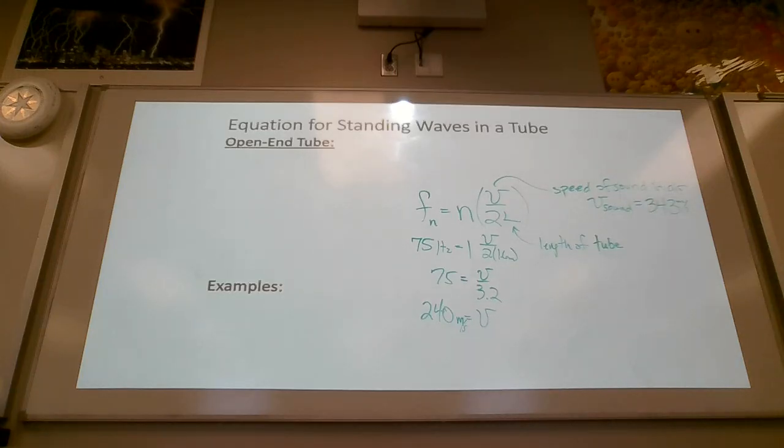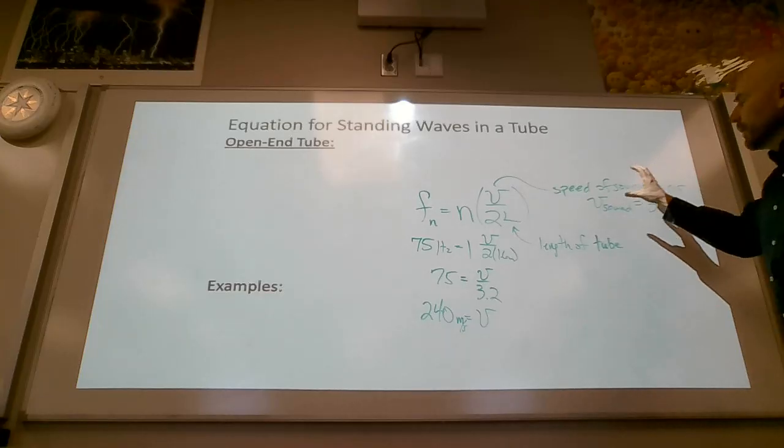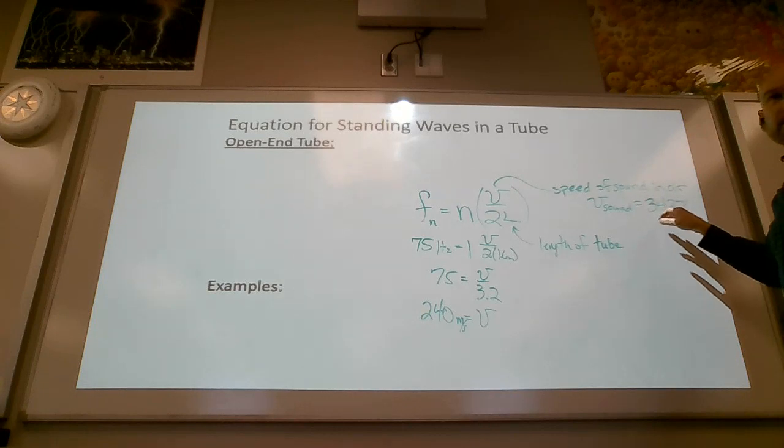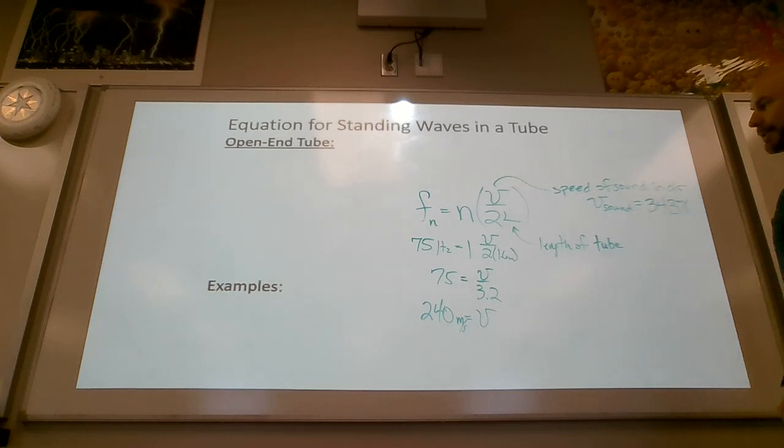So if you have a tube, the wave that's going through that is the speed of sound in air. It's a sound wave.